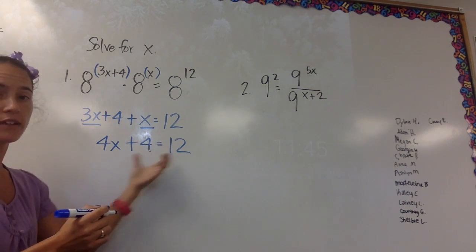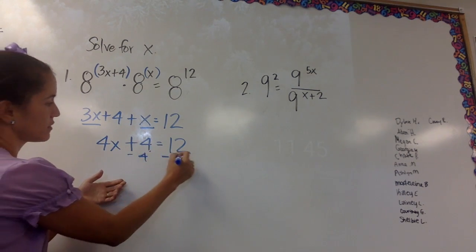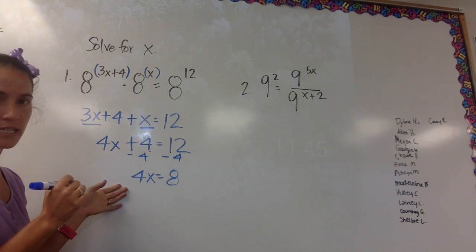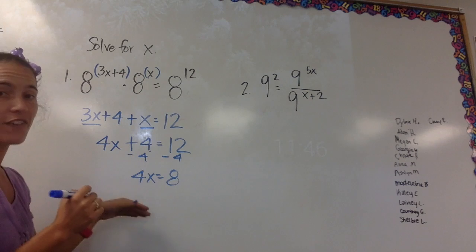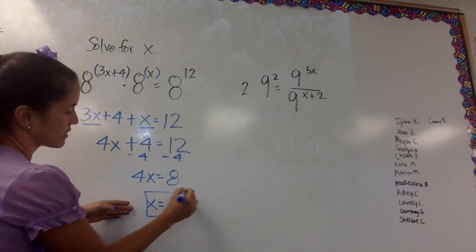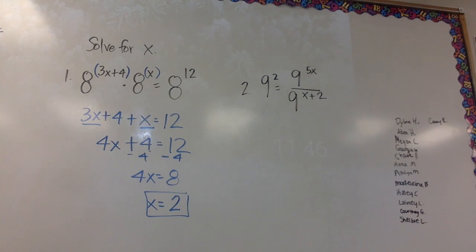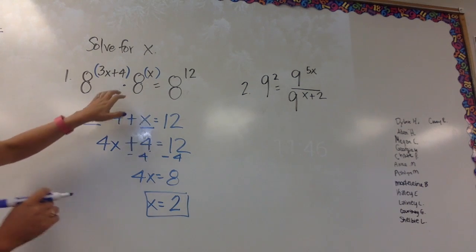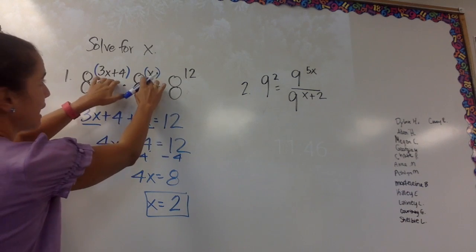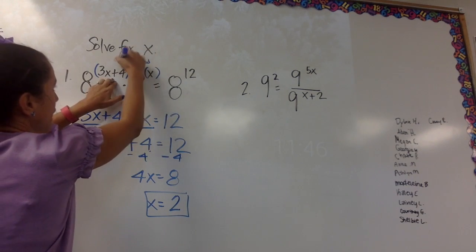I'm going to subtract 4 on both sides. 4x equals 8. And then I'm going to divide both sides by 4. And x is going to equal 2. So that is, when I am multiplying bases that are the same, I can add my exponents.